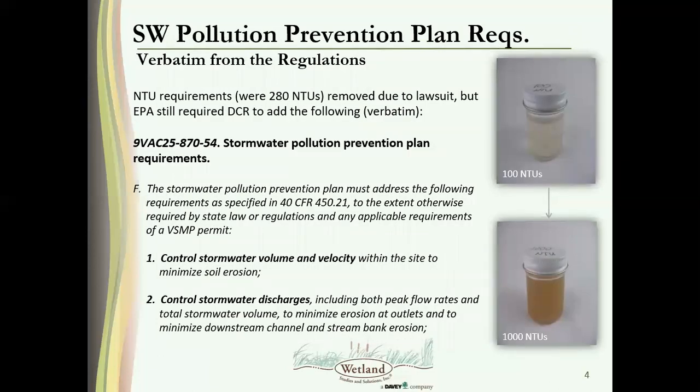Something I think is kind of fascinating, can you tell I'm a nerd because I find this fascinating? We used to have regulations that were specific to NTUs. Now, NTUs stands for, I can't remember the first word, nephelometric or something, but it's a turbidity unit.